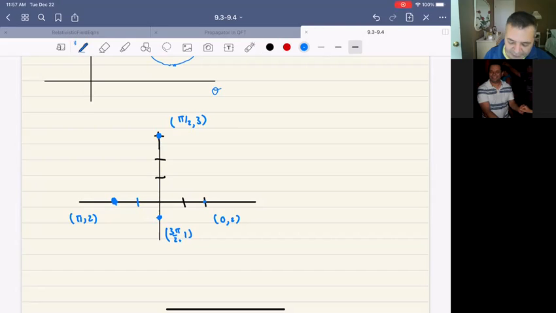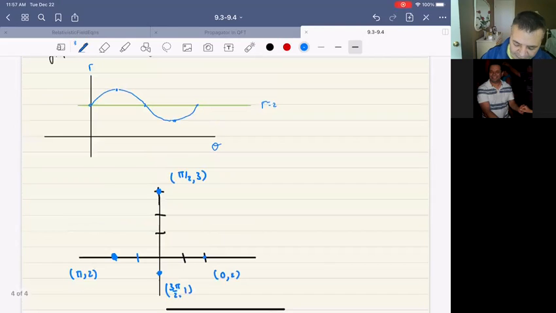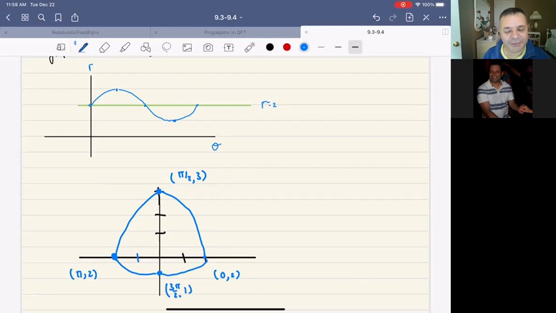Then it's going to go back to 0. So it's going to look like an acorn, a bit of an acorn.